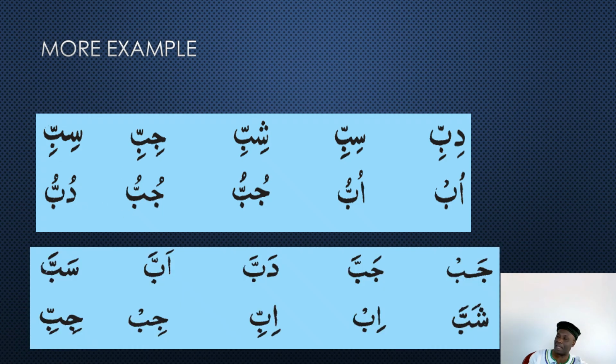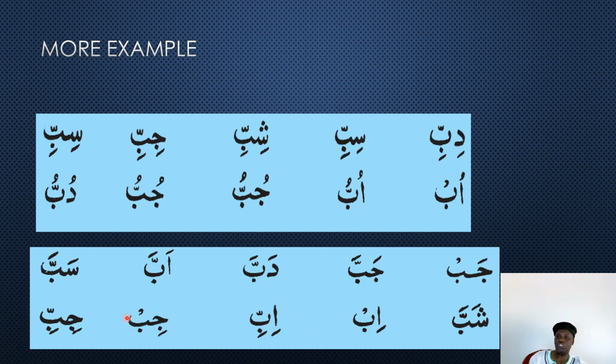All right, more examples. Here, jab, because this is jazm. Now shadda fatha here, jabba, dabba, abba, sabba, shabba. Ibbi. Here it's ib because it's jazm here.